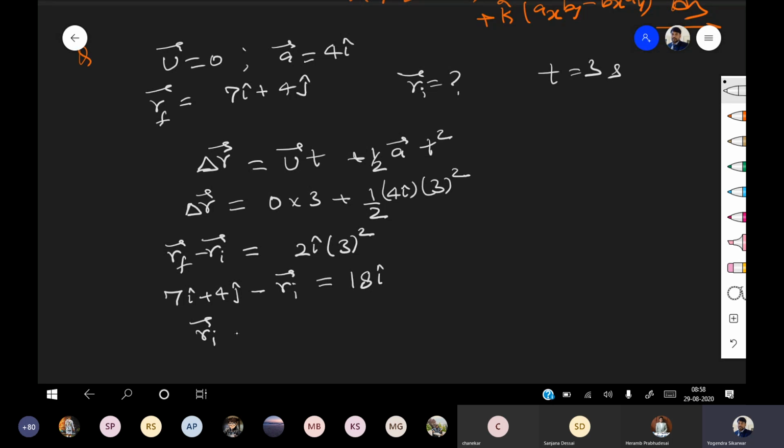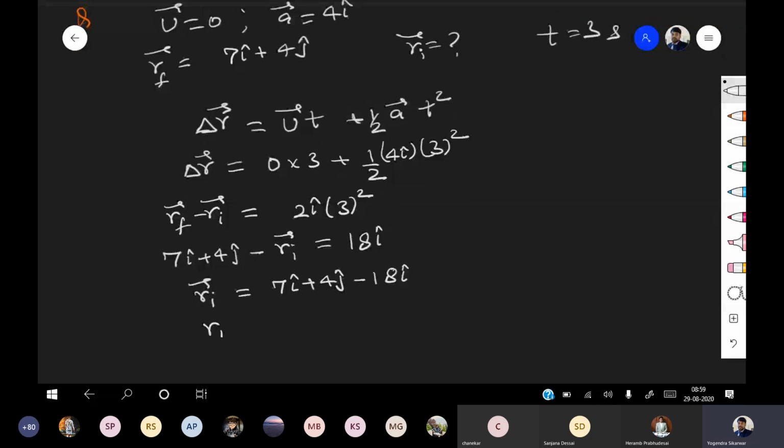So ri vector is equal to 7i plus 4j minus 18i. Okay, so ri vector is equal to 7i minus 18i becomes minus 11i plus 4j. That is the answer. Understood?